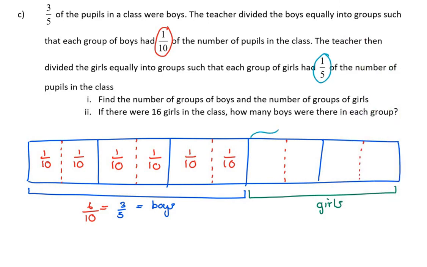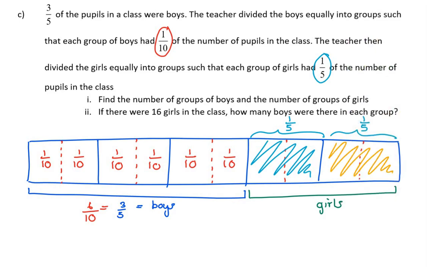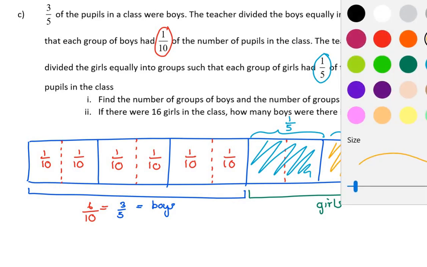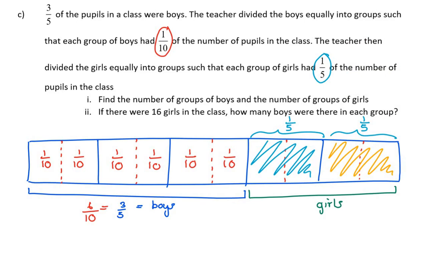So that there is 1/5, and that there is 1/5. So in actual fact, I'm going to combine those 2 little groups together to form 1 group of girls, and those 2 little groups together to form 1 group of girls, simply because each group of girls had to represent 1/5, so 1 block out of the 5 blue blocks.